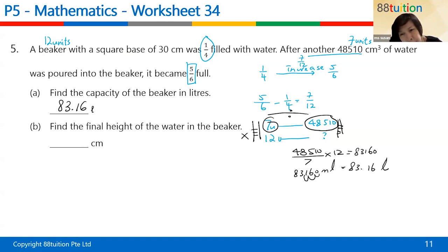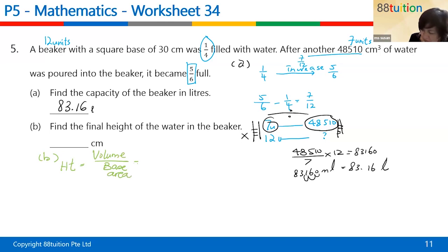Okay? Find the final height of the water in the beaker, then that's much simpler. That one you could have gotten first, B. Using the volume, right? The height is the volume over the base area.